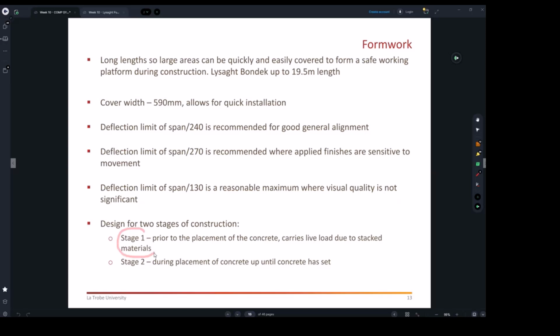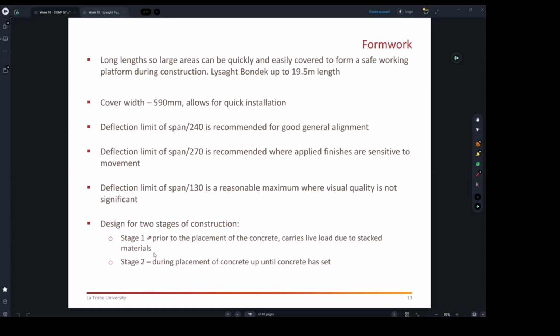The first stage is when it's carrying live load. The special thing with live or construction loads is they can come up as a point load, because people walk and place materials at one spot, so it needs careful consideration. The second stage is when you have the pressure of concrete sitting on the bonding.